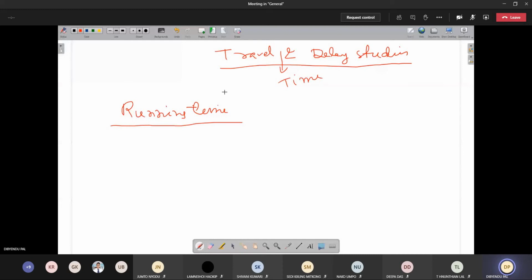Running time is the time in which the vehicle was actually in motion. This vehicle was actually moving. Suppose, as I told you earlier, you want to go from Nirjuli to Naharlagun. In between there is a junction, just after you start, at Bagatinali. Then if you go a little bit ahead, just before reaching Naharlagun, there is a police point. Sometimes police stop the vehicles.